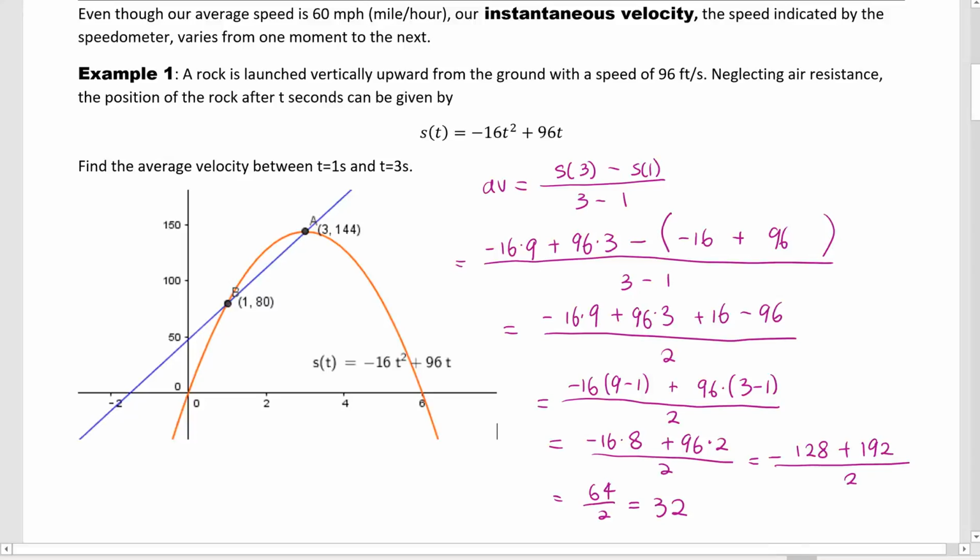So this is what we can calculate without a calculator. But if you want, from this step you can plug into your calculator and get 32 feet per second directly. So this is the average velocity.